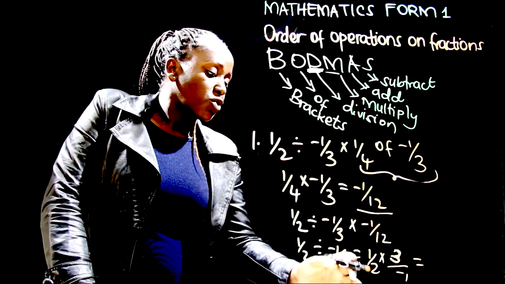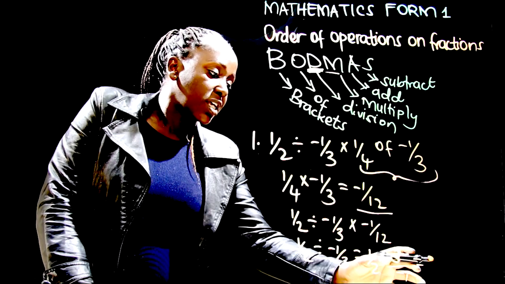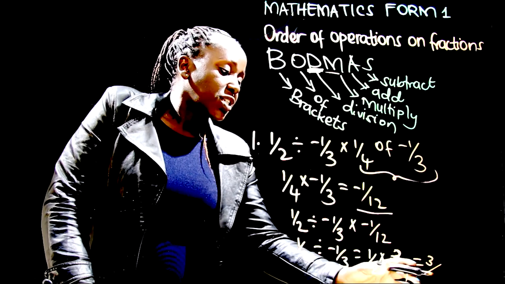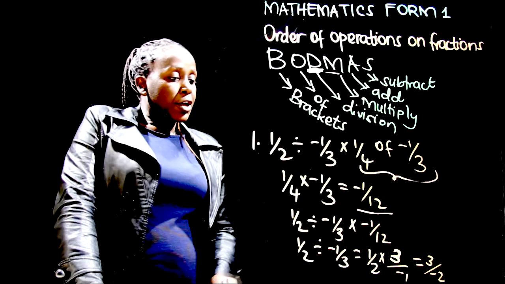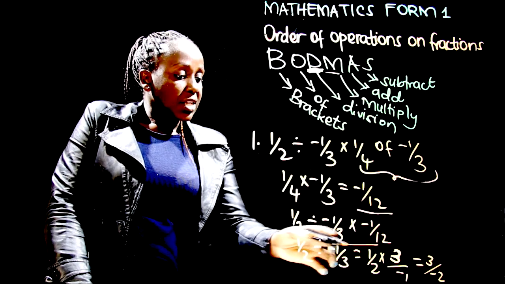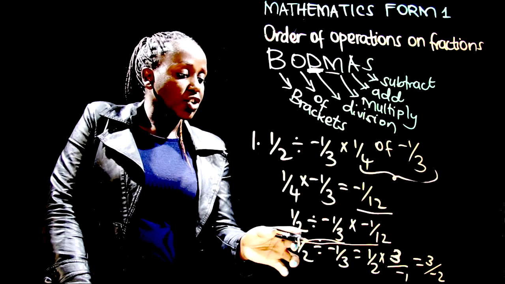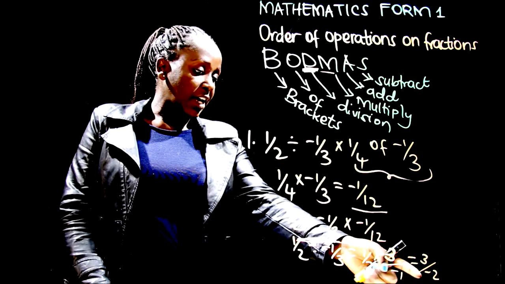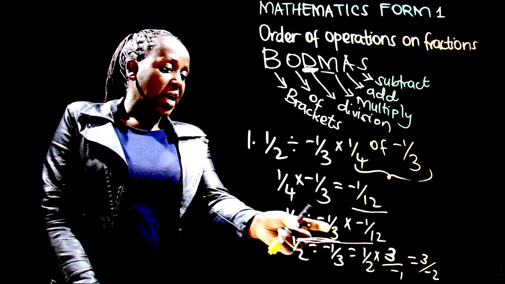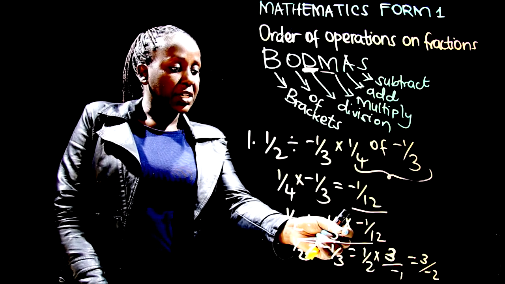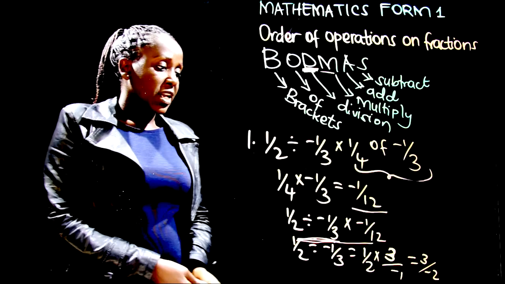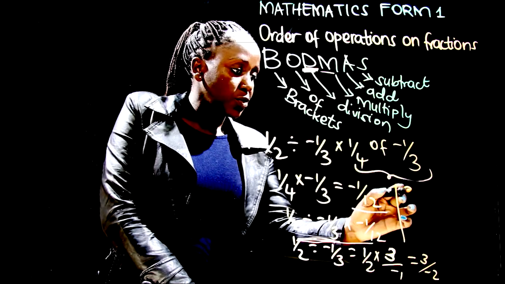So this will be equal to 1 times 3 is 3, over 2 times -1, which is -2. So we have solved the section of division. Since we have obtained 3/-2, we combine that with the multiplication of -1/12.